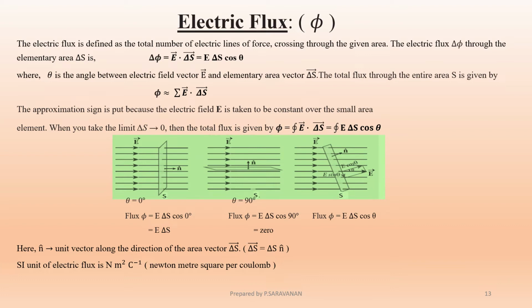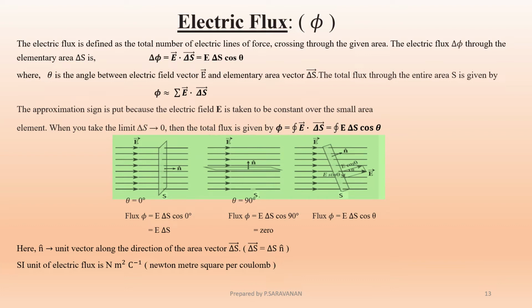In the third picture, the plane area is neither held horizontally nor vertically. It is in an inclined position. So the angle made by the area vector n cap with respect to the electric field E is represented as theta. Hence, the flux is given by phi equal to E delta S cos theta.